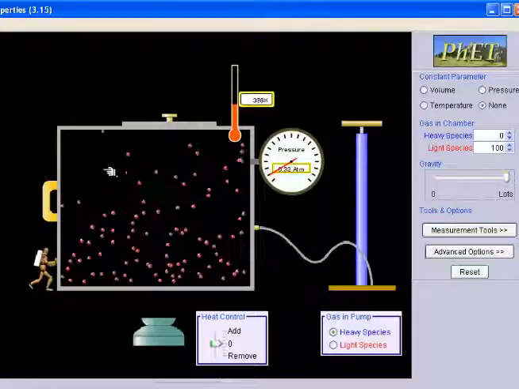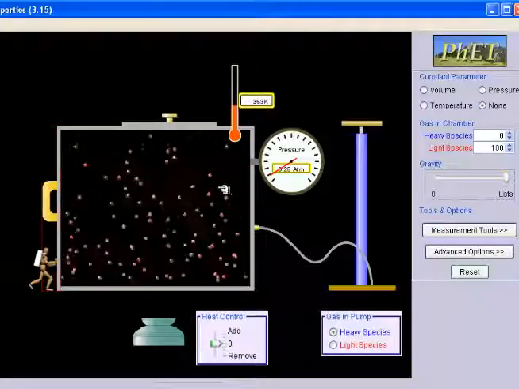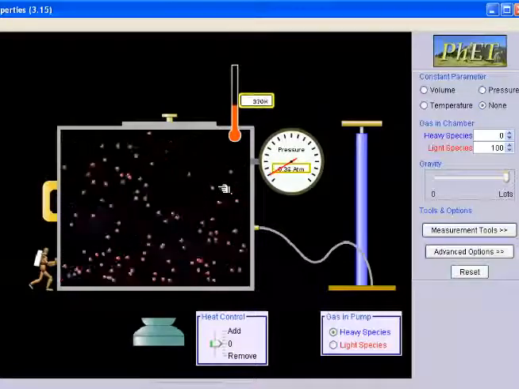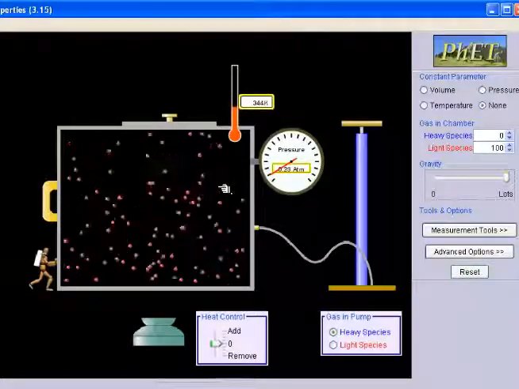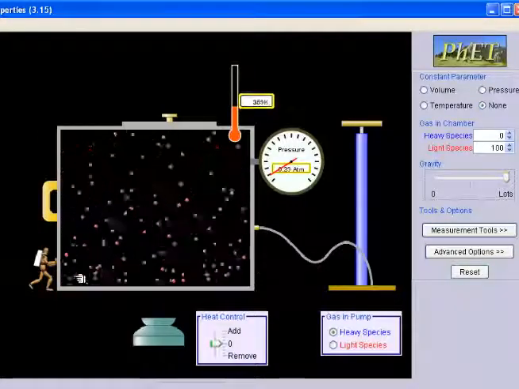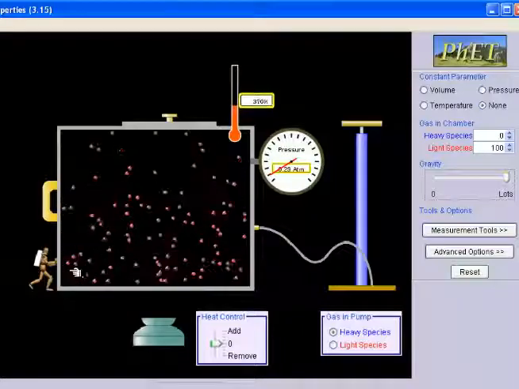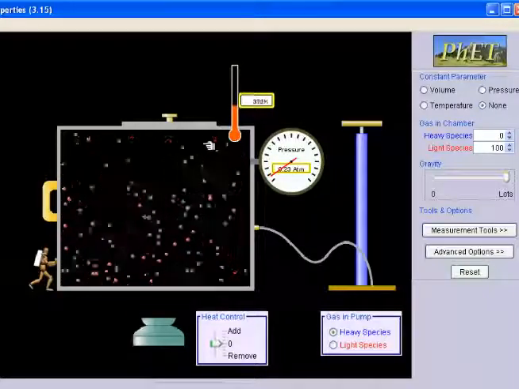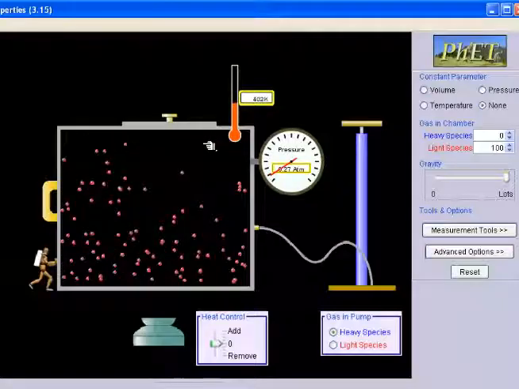So the molecules are not distributed equally throughout this volume, and this is the same as on Earth. Because of the gravity of our planet, the air down at the bottom, which is where we live on the ground, is more dense than high up in the higher portions of the atmosphere.